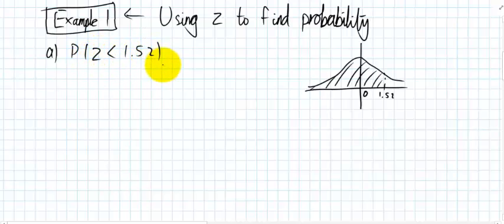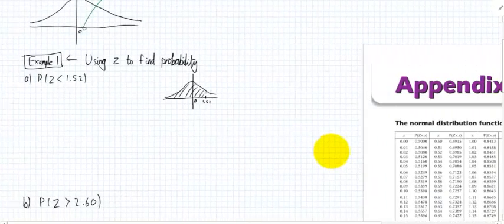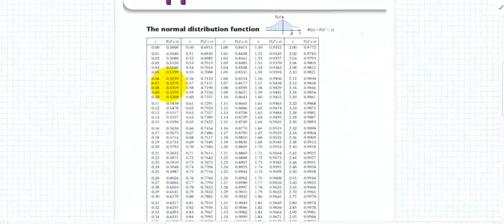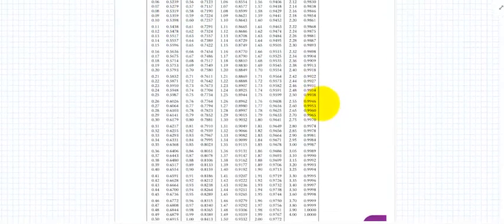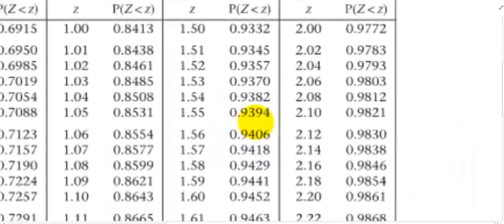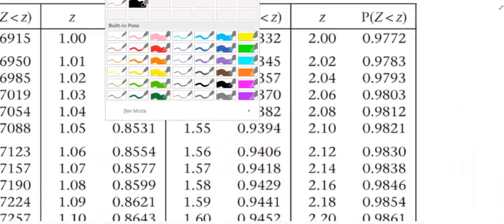So we can straight away look up the value of the probability in the table. Less than 1.52 is right here.